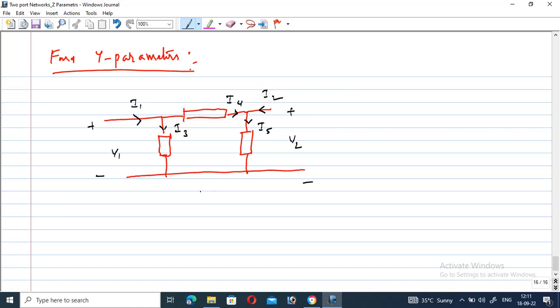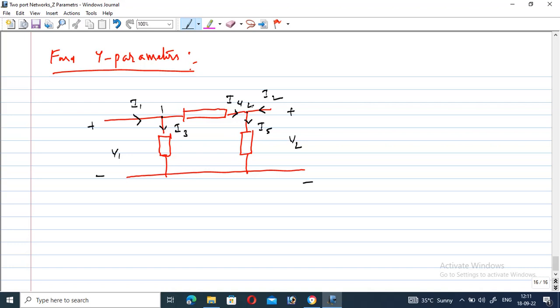Now, you don't have any voltage sources here, so with the help of nodal analysis only, you can analyze the problem. This can be treated as node 1, this as node 2. The node voltage is V1, and this node voltage can be treated as V2.